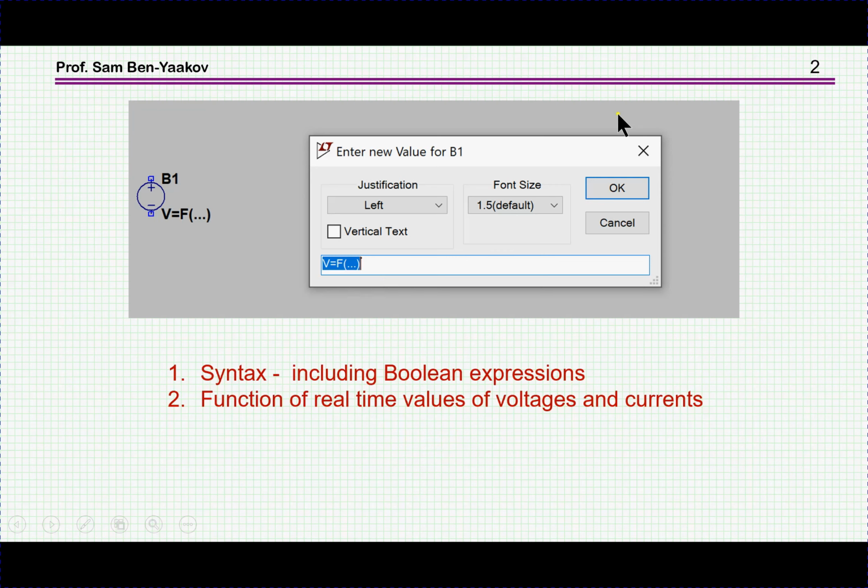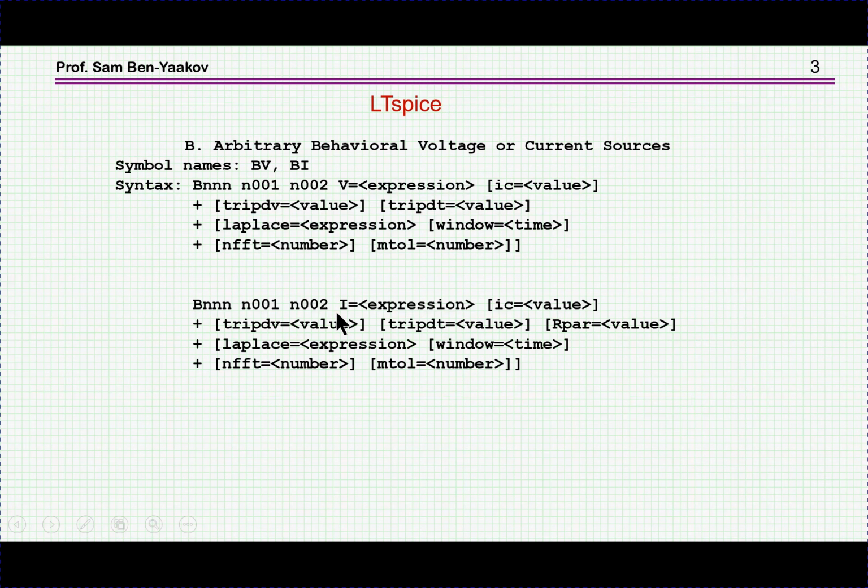So you pull up this window and you define here the function that you need. In general, the arbitrary behavioral voltage or current sources have many options, and I'm talking about the expression one, although there are some other options like a Laplace, which I'm not covering in this presentation.